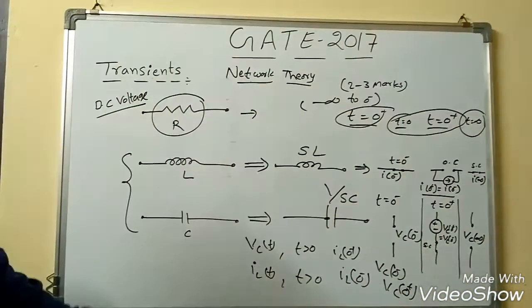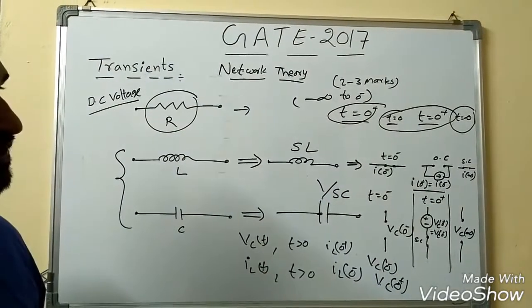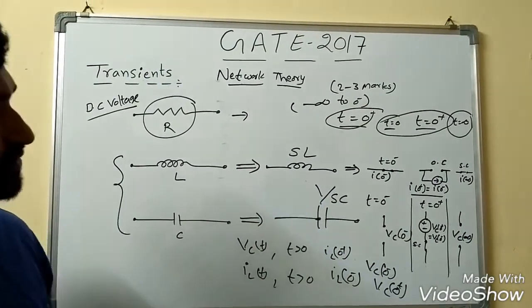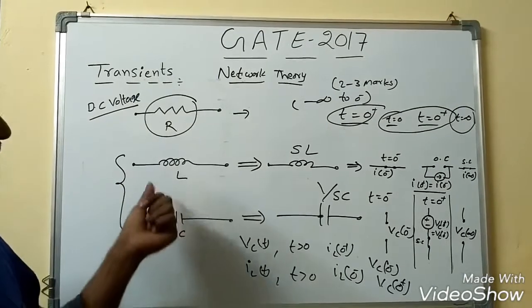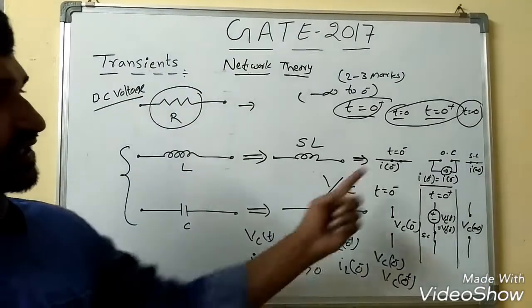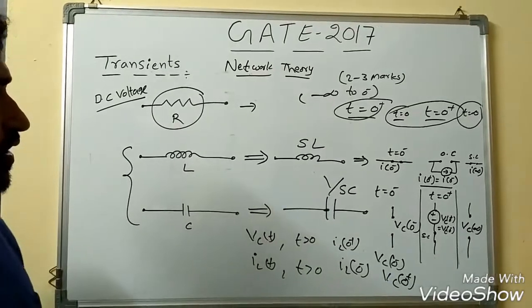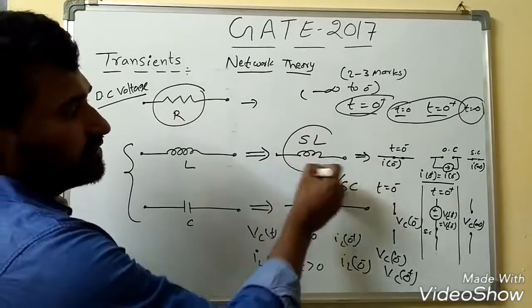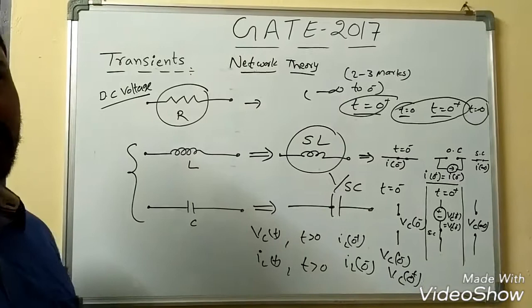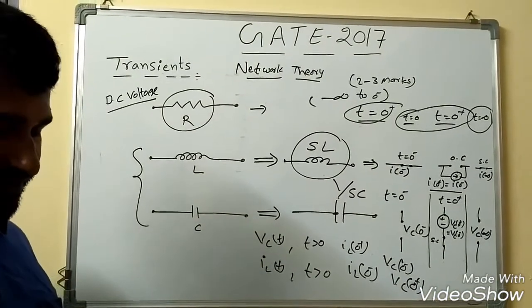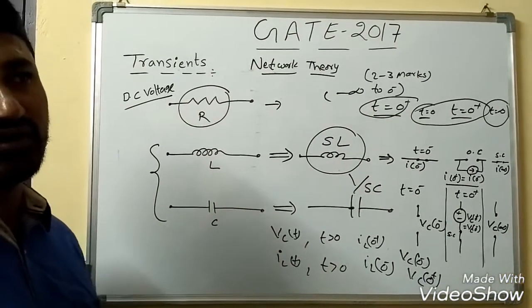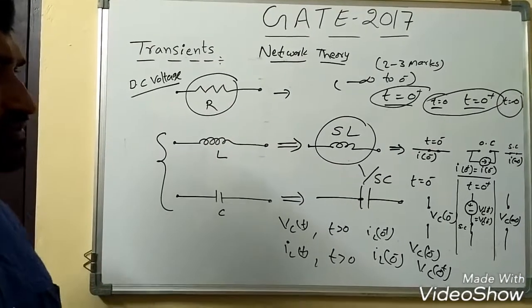But before that, we need these two concepts. I hope you got some idea about how the inductor or capacitor behaves in these three conditions, right? In the next lecture, we will see different circuits of inductance, such as source-free circuits and circuits with a source, and how to solve those problems.